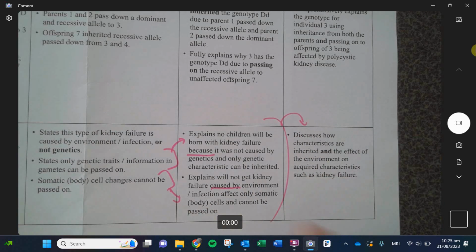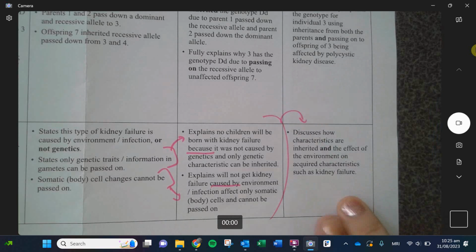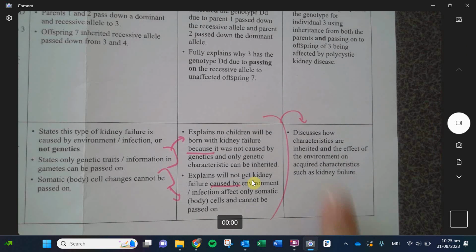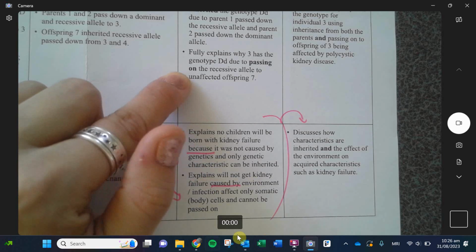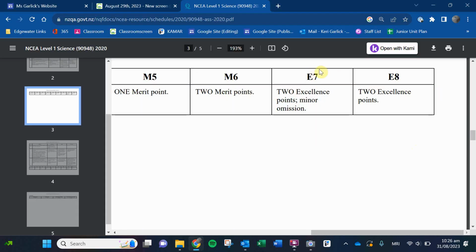So if you got this one at merit and you got this one at excellent, it kind of depends on how much of a merit answer that was. Because if you look here on the marking schedule, it says E7 is 2 excellence points with a minor omission. So you might have forgotten something. So I would take that as it probably means you got 3 merit points. Okay. Would be my guess. An excellence and 3 merits is what I would translate that into. And then if you got both excellence points, then that was an E8.